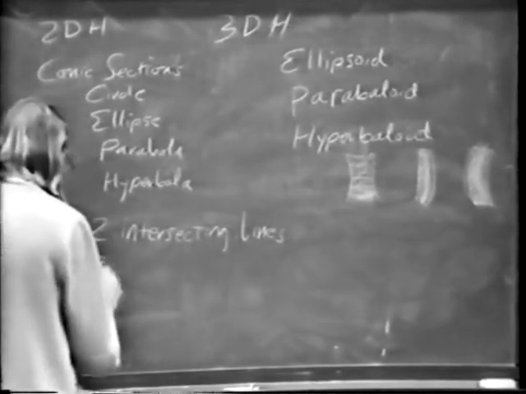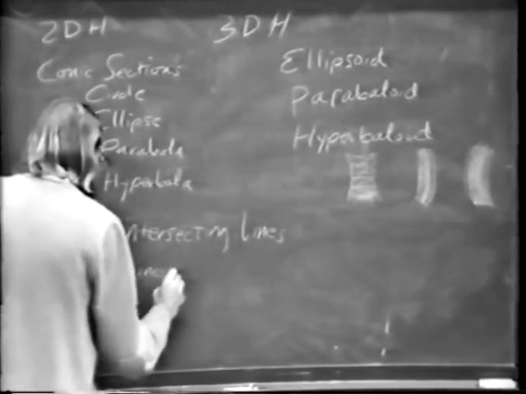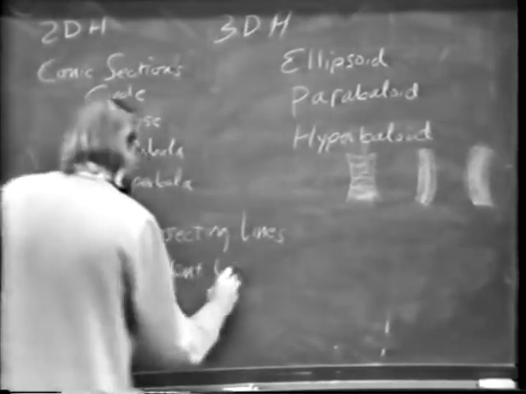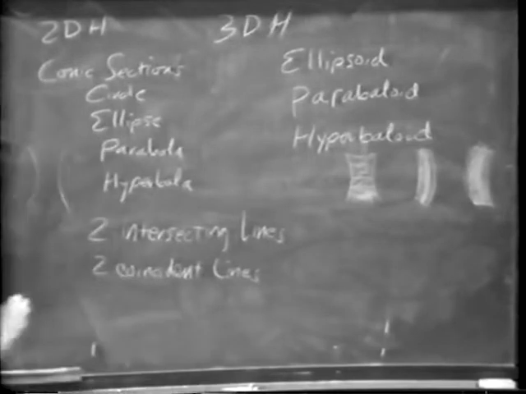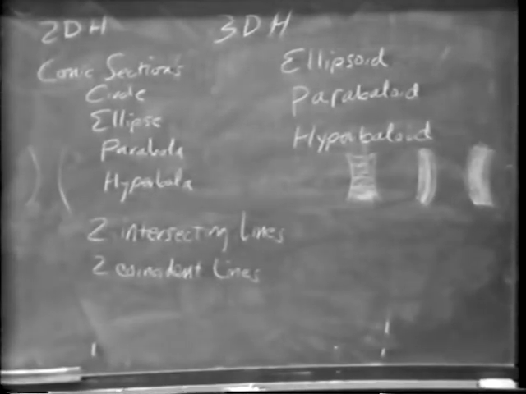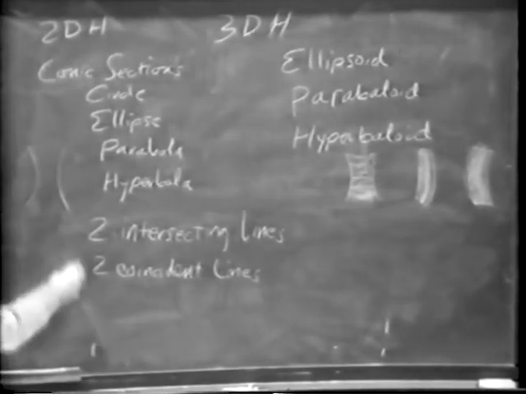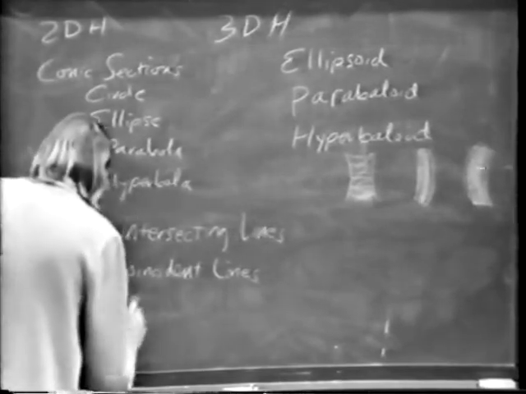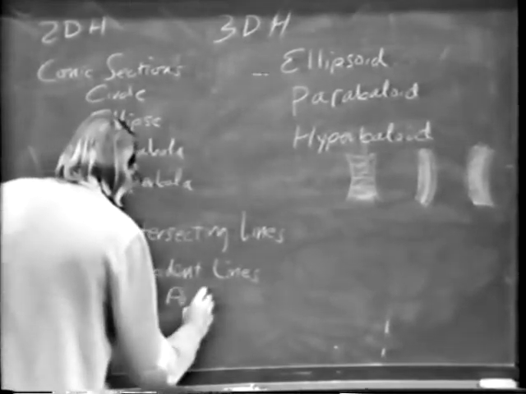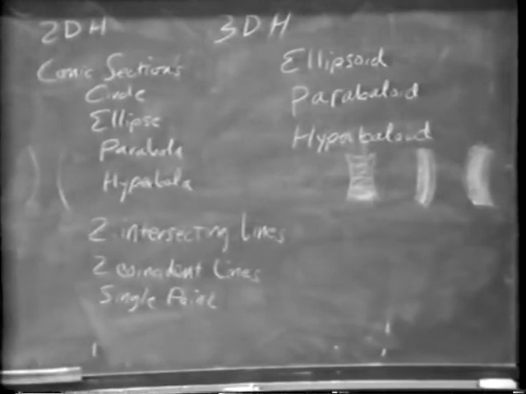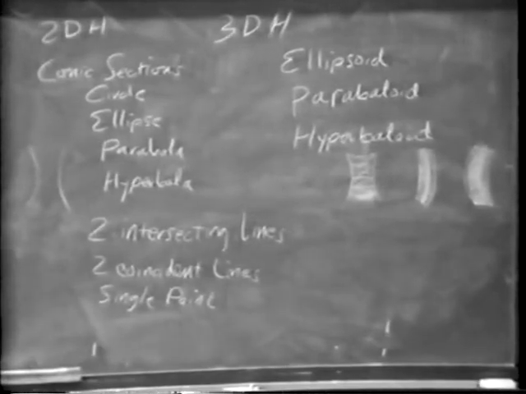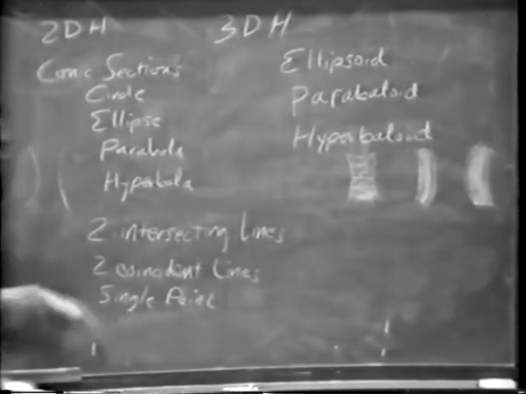In addition, if the thing gets doubly degenerate, you can get two coincident lines, and there's a situation where you can get only one single point that satisfies the equation. It's a whole list of things like that.